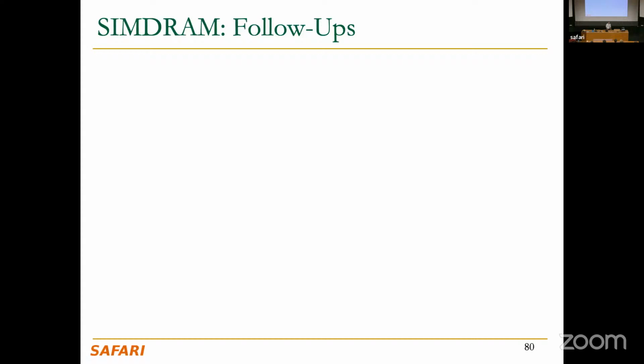If you don't take in-DRAM computing into account and you try to do that anyway, it is going to lead to unknown behavior of the circuitry. So the majority of the problems come from there: the circuit is not designed to do that.